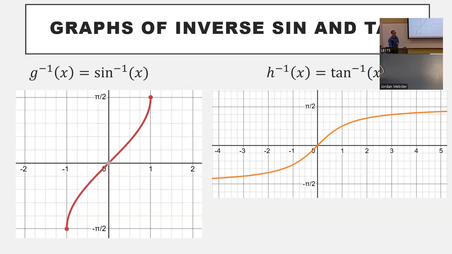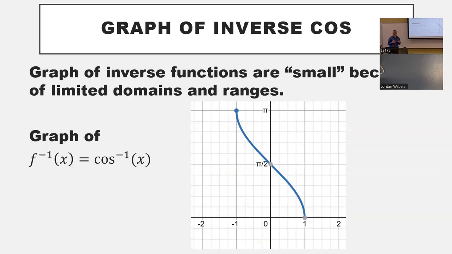On the other hand, because of the way I had to do the domain and range of the cosine function, notice that the inverse cosine function, I cannot reflect that across the y-axis. Notice that? If I reflect across the y-axis, I should say I don't get the function back.